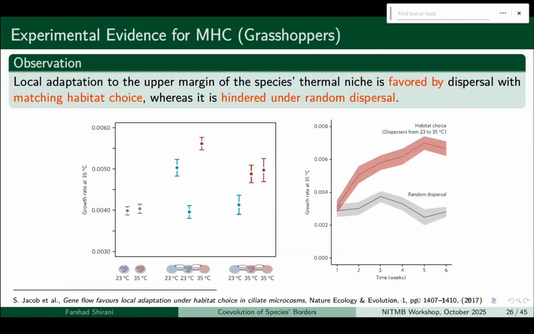And then they see that those individuals who disperse adaptively to the upper range limits have higher fitness. And then they test to make sure that this behavior is not because of selection, not because of phenotypic plasticity, not because of drift, it is just because of this habitat selection.